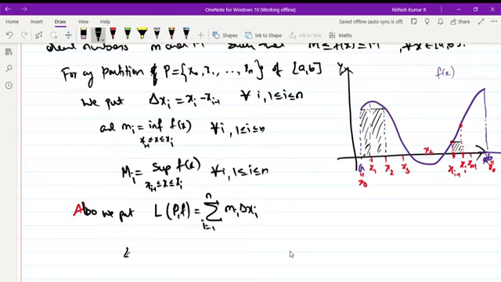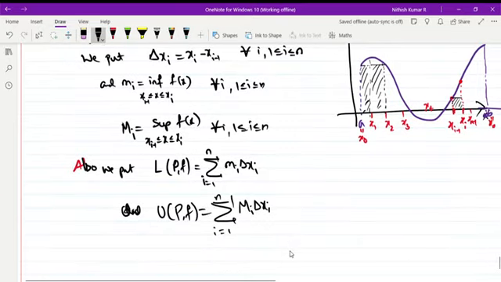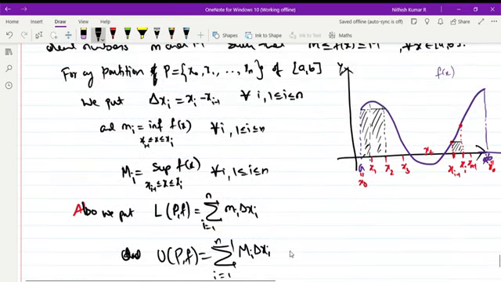Similarly, UPF is nothing but summation i equal to 1 to n, capital Mi delta xi. Now see again, here m1 is nothing but this, with respect to this, so m1 is the function value, and this length into this length, you will get the area of this bigger rectangle.